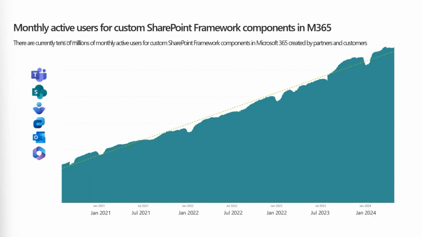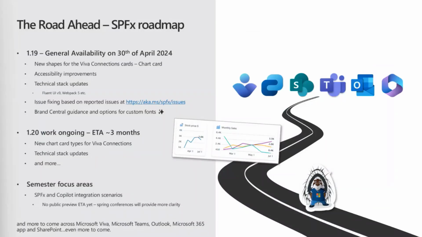Let's go to the following slide. A quick recap on the roadmap. So 1.19 went live on April 13th. That's the latest version. Really, the new thing there was the chart card for Viva Connections, which is now available to take advantage. And then technical stack updates, like Webpack 5 is a big thing for a lot of the developers. We did not update TypeScript or React, and we do apologize on that.